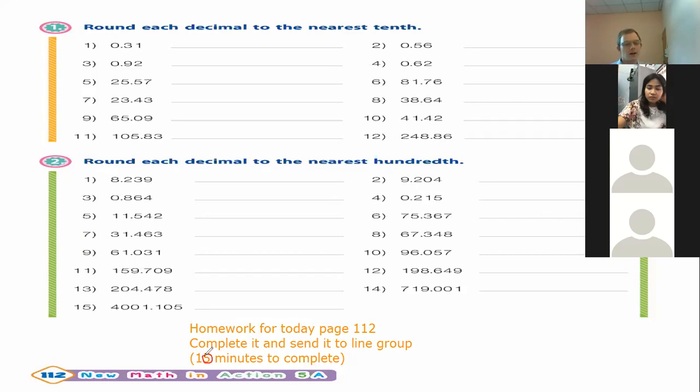So 10 minutes to finish. If you're finished, you can do what you want, but not in the classroom. If you want to do something else, you leave the classroom.